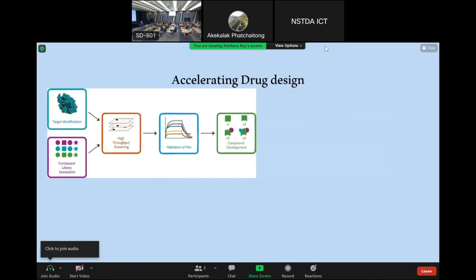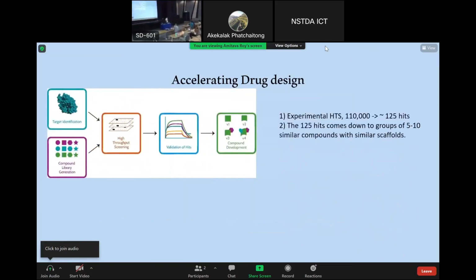Now, the part that we can help computationally is to accelerate that part where experimentally you have to synthesize 1 million compounds and create so many assays and do a high throughput screening. At least that part we can accelerate computationally.